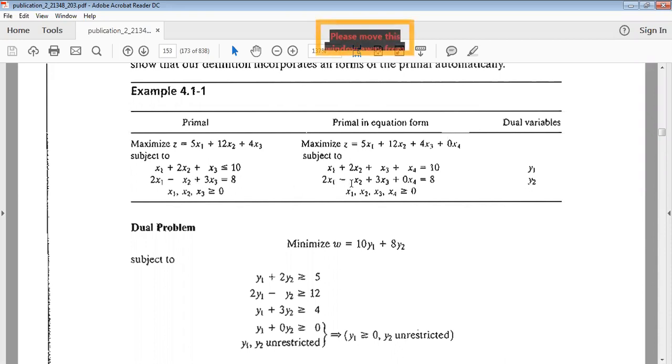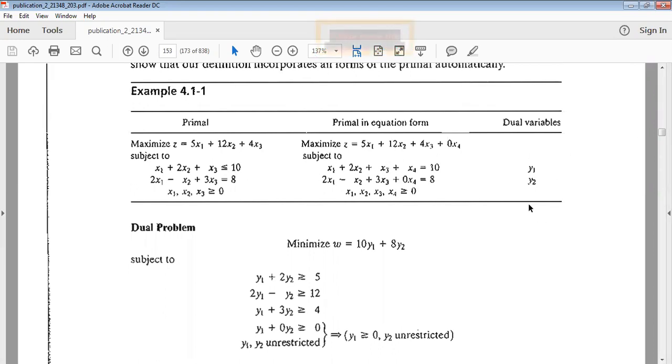And 2x1 minus x2 plus 3x3 plus 0x4 equals 8, so x4 is not necessary there. Instead of s1, he has written it as x4. This is the primal in equation form, by removing the less than signs.